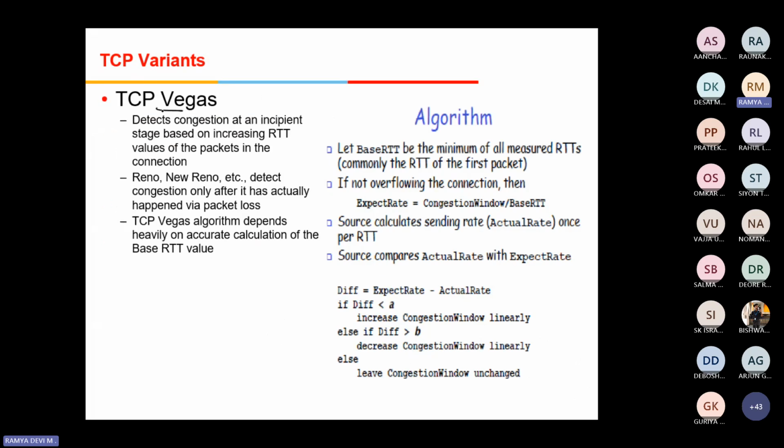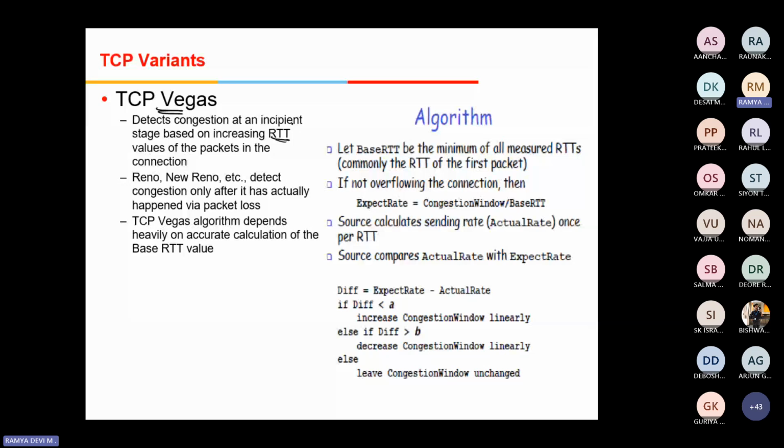Now we'll see TCP Vegas. Early congestion detection with the help of RTT, right? It is an incremental improvement compared to TCP Reno and TCP Tahoe because it will detect the congestion before it is happening. Before the packet loss occurs, it will be detecting the condition.